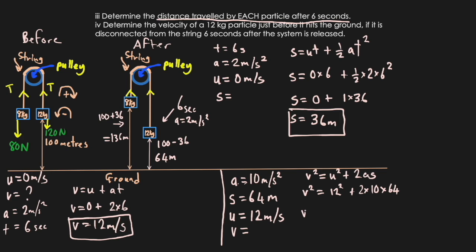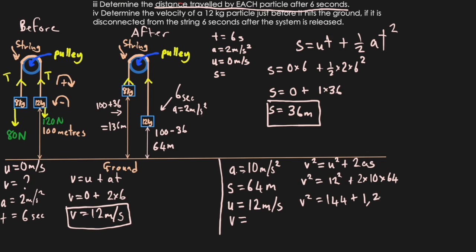Then v² is equal to 144 plus 2 times 10 times 64, which is 1280, giving 1424. In order to find v, we need to find the square root, so our velocity is 37.74 meters per second.